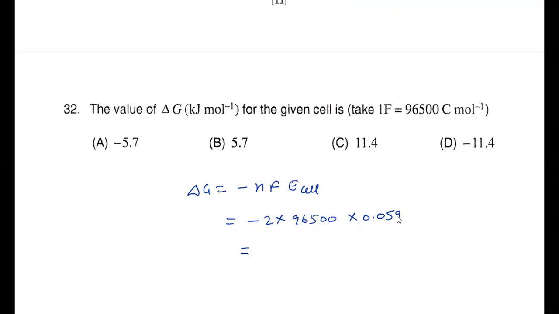So this comes out to be minus 11.4 kilojoule per mole. This is in SI units. And if you solve it completely, this is approximately 11.4 kilojoules per mole. This will be your answer. So from the given options, your answer must be D. Okay. Simple calculation, nothing else.